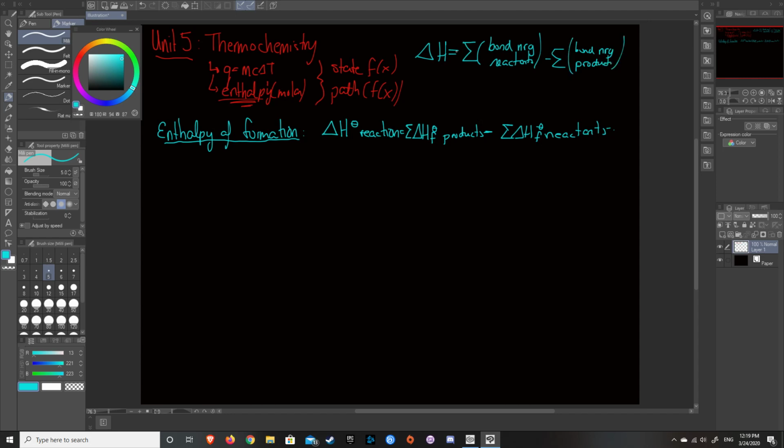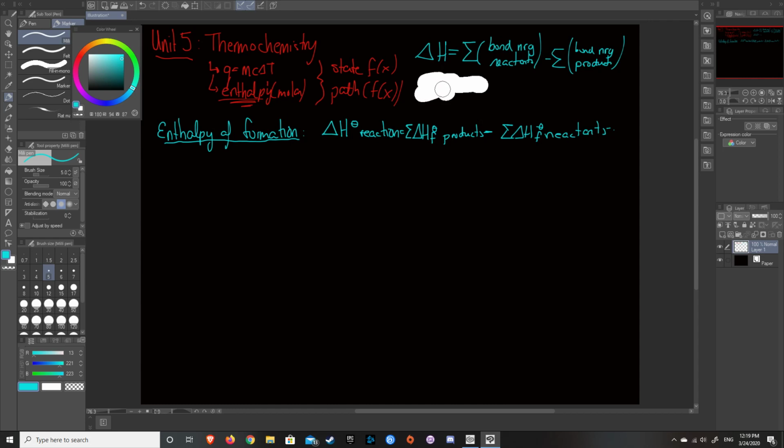Because this would just show us that if the products had stronger bonds, it means that they're more stable. So this one would be less stable, which means that our delta H would be negative if our products have stronger bonds, and our delta H would be positive if our reactants had stronger bonds.